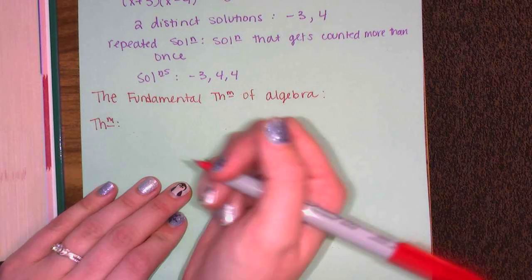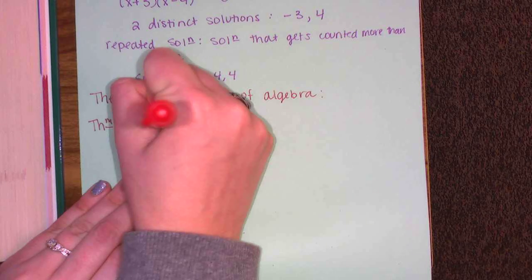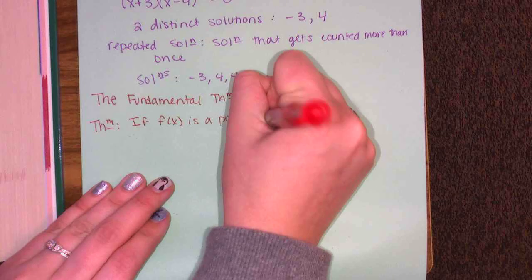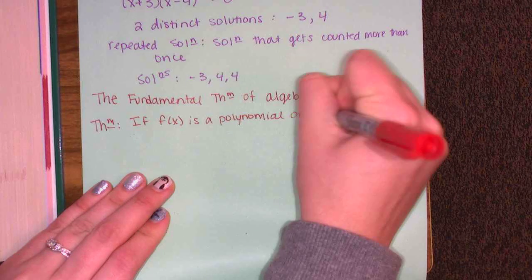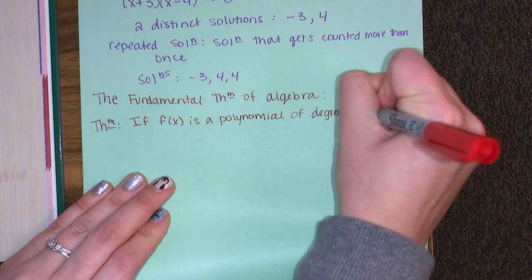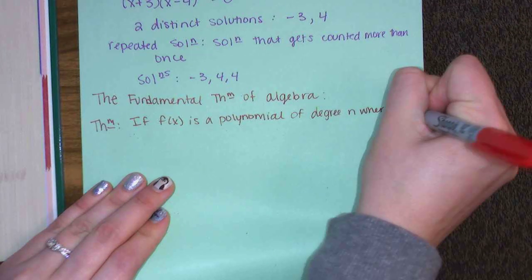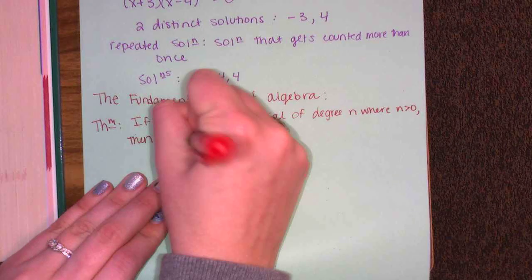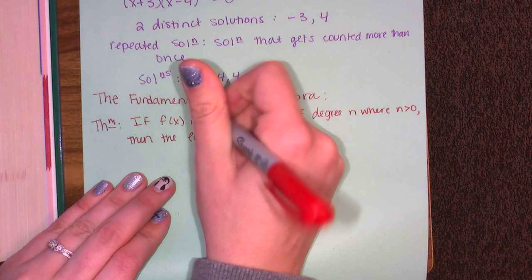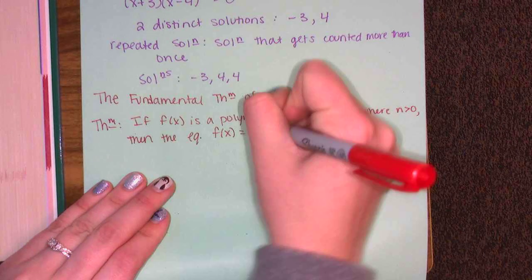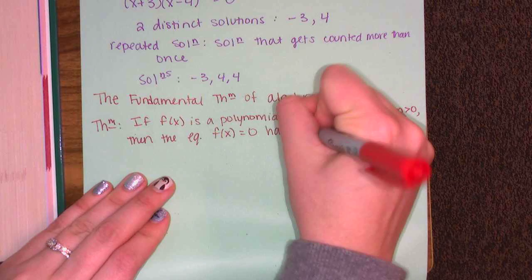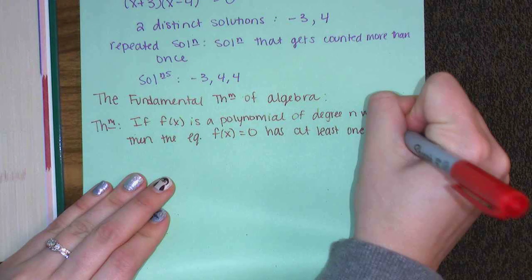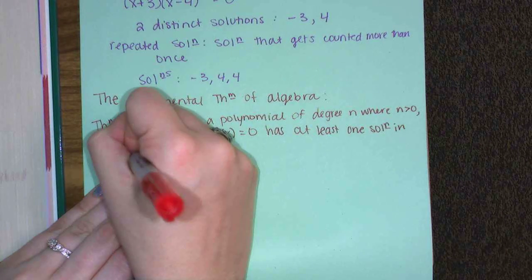All right, so the theorem says that if f of x is a polynomial of degree n, where n is greater than 0, then the equation f of x is equal to 0 has at least one solution in the set of complex numbers.